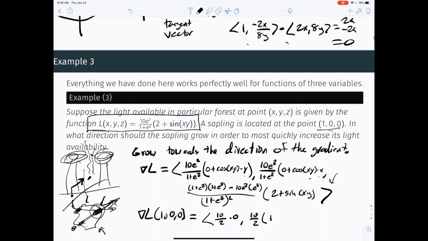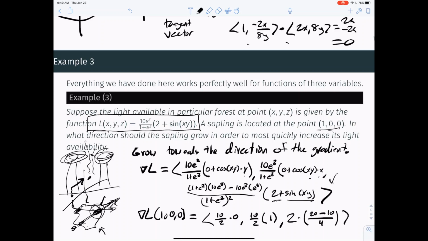So that'll be 5. And then, sine of xy will be 0, so there'll be a 2 here, times whatever this quotient is. E to the 0 is 1, so we get 2 times 10, is 20, minus 10 times a couple of 1s. 20 minus 10 over 2 squared is 4.